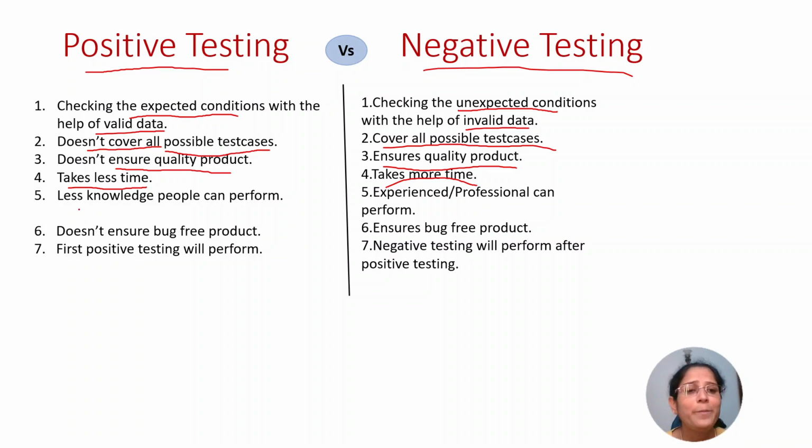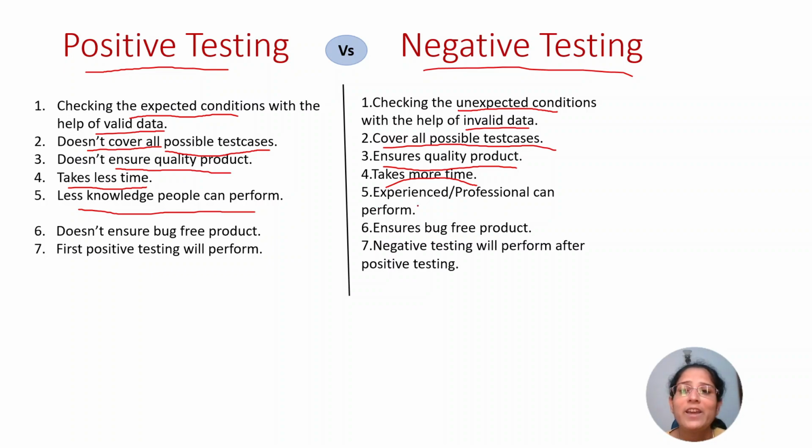Positive testing can be done by anyone, irrespective of the experience they have, because everything is mentioned in the requirement document. They have to read the requirement document, analyze all the positive test cases, and test the application. That is why any tester, irrespective of years of experience, can test the application even with less knowledge.